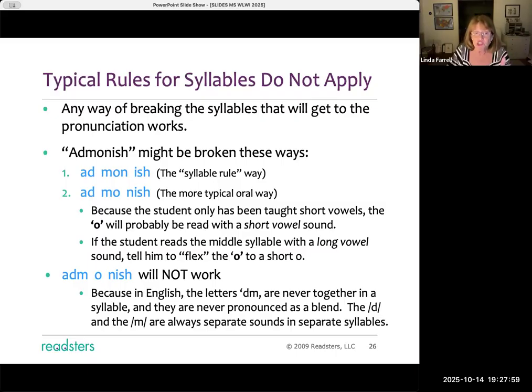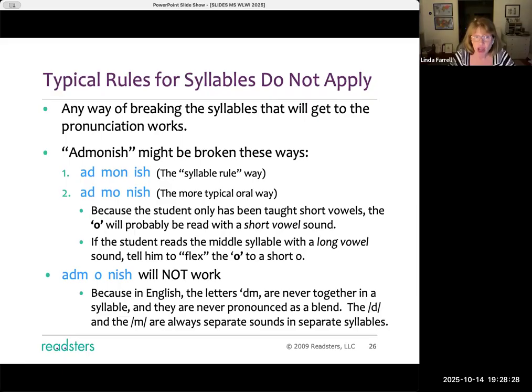Well, the word admonish could be broken admonish. If you're Orton Gillingham, that's what you would do. Go to number 3, and we will see that adm won't work, because we don't have a DM blend in English. So when I'm having kids break words, I need them to break it where it looks right.